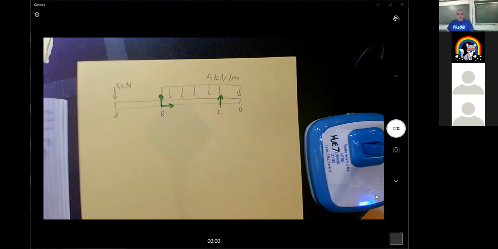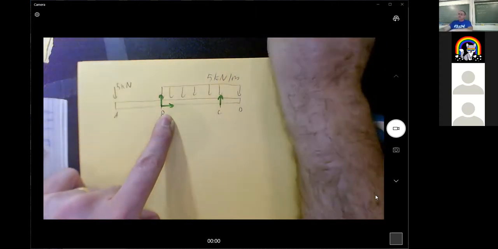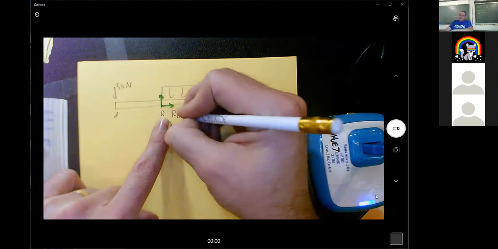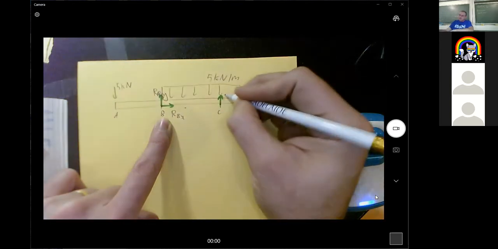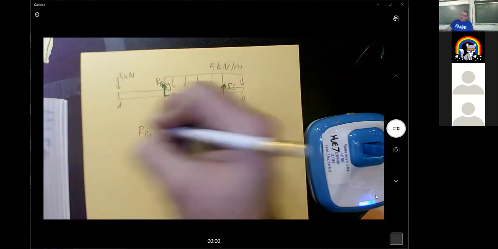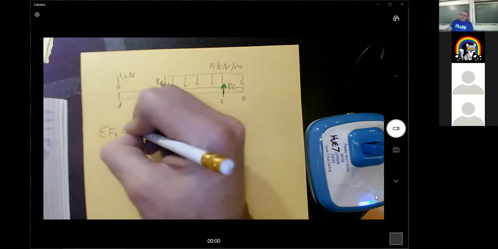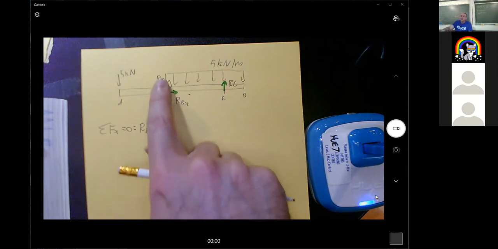There are no horizontal forces acting, and so this one must be 0. So RBX must be 0 because the sum of the forces in the x direction is 0, because there aren't any other forces acting horizontally, so we're good with that. All right. And then these 2 reactions have to add up to the whole of all of this.